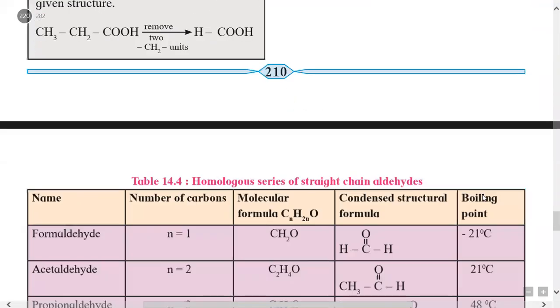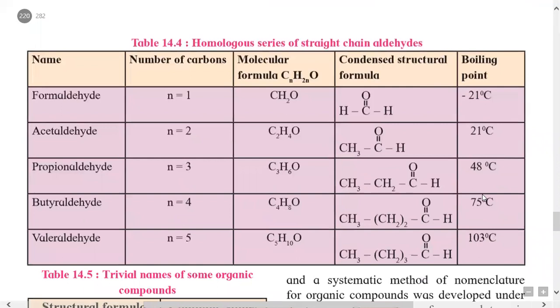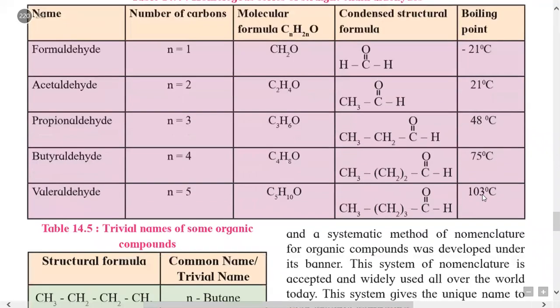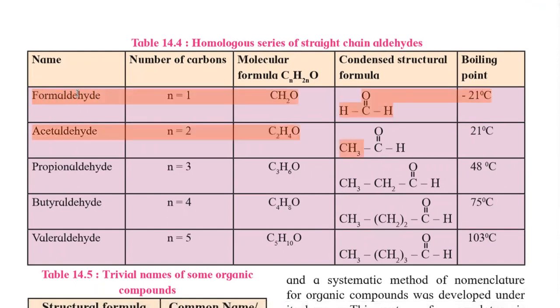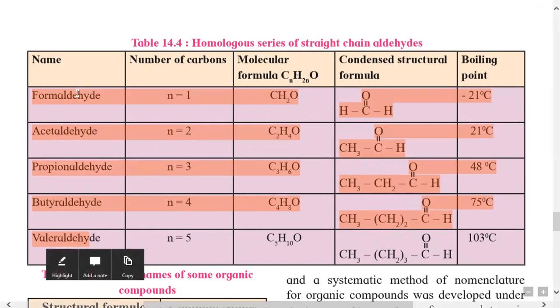In table 14.4, the homologous series of straight chain aldehydes is given. The names of these members are formaldehyde, acetaldehyde, propionaldehyde, butyraldehyde, and valeraldehyde.